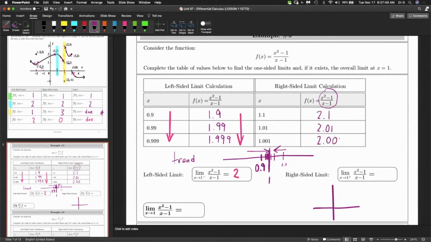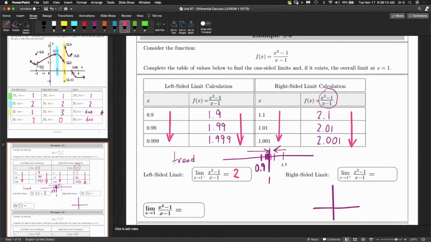It's not always this obvious or nice, but you can see here that as these numbers get closer and closer to 1 from the right, then from the right on a number line, if you like, that's what we mean from the right. It means along the number line. Then these numbers get closer and closer to what? What is the trend here?